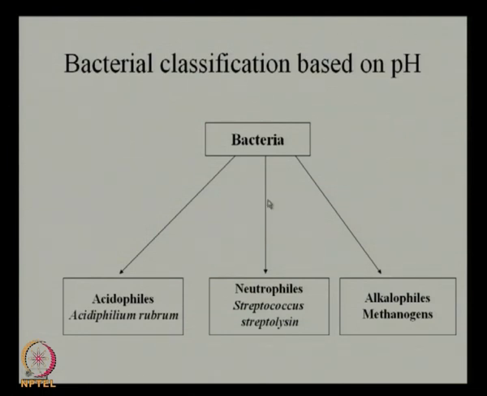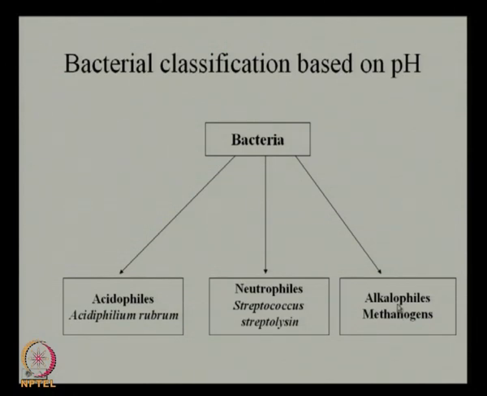Based on pH requirement, the bacterial world can be divided into acidophiles, that is acid loving bacteria; neutrophiles, that means they survive in neutral pH condition; and alkalophiles, bacteria that are very comfortable growing in alkaline condition.